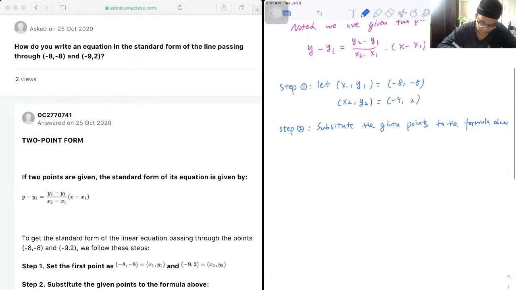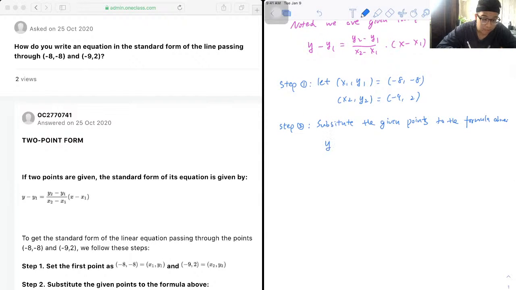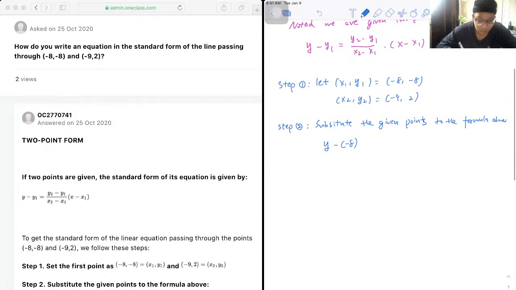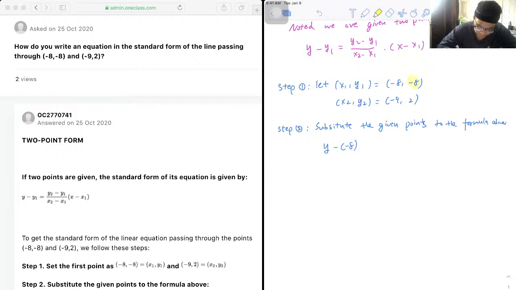So we have y minus -8, since that is -8, which is equal to 2 minus -8 over -9 minus -8 times x minus -8.